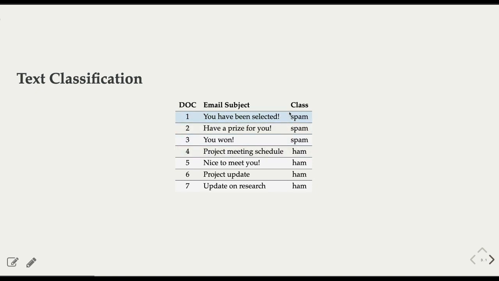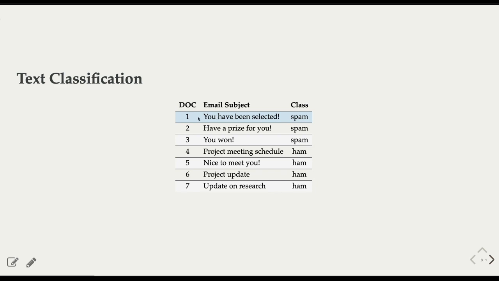In this small training data set, suppose we have already looked at the emails and identified which one is a spam and which one is a ham. So these are the individual email subjects and their labels.